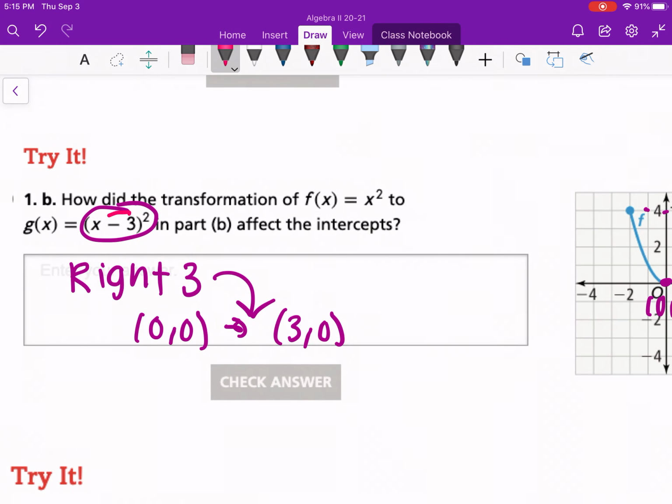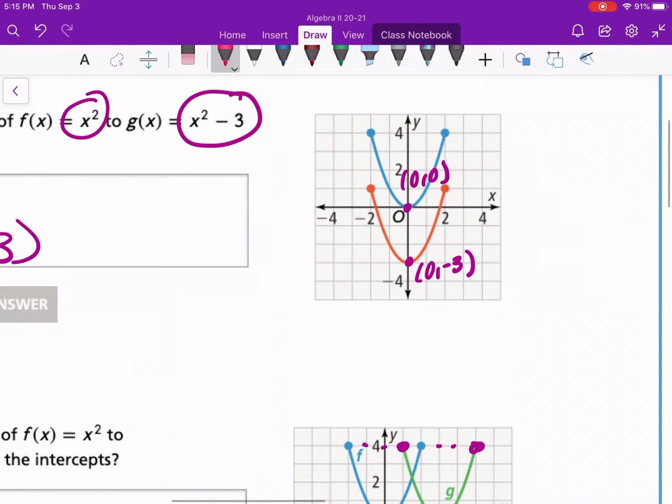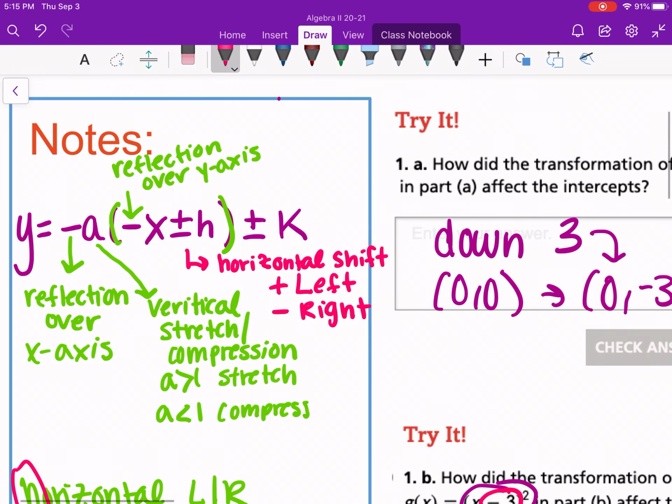See how this was x minus 3, but the graph moved to the right? I will explain it all later. Now is not the time. I don't want to confuse you. Just remember that the horizontal shift is counterintuitive. Counterintuitive means opposite of what we think it should be. It will take some time for you guys to adjust to that, but I promise by the end of the year, you'll be champions of it. And then remember, horizontal comes before vertical, h comes before v.